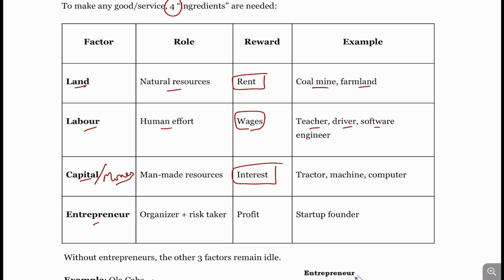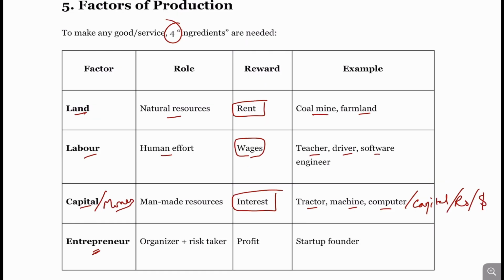Suppose tractor, machinery, or computer is there, so interest will be on it. You can take capital in the sense of rupees or dollars, etc. They will be earning interest also. Further capital goods can be bought by using this. The fourth, very important factor will be the entrepreneur.